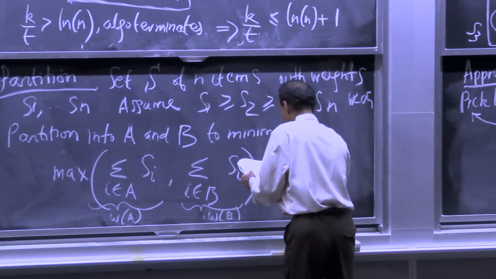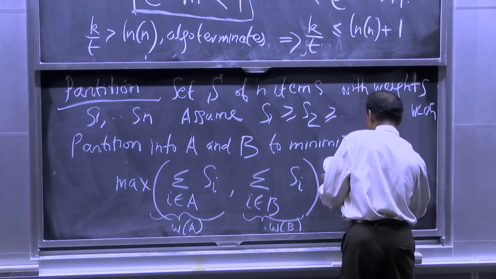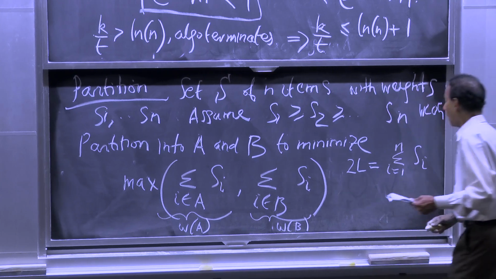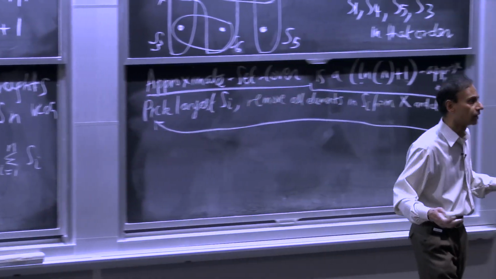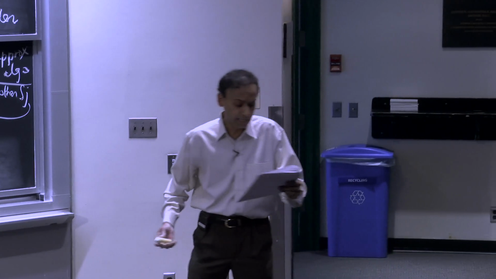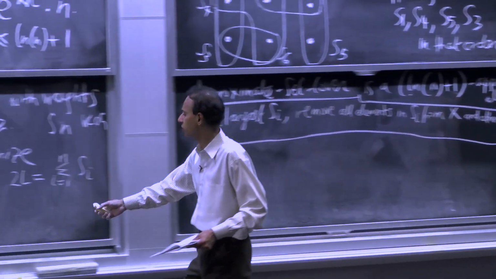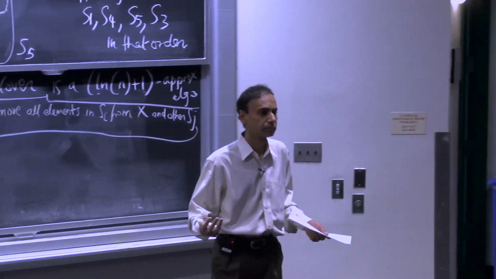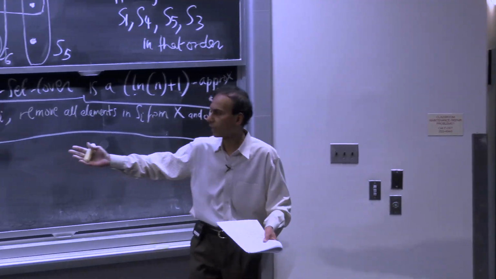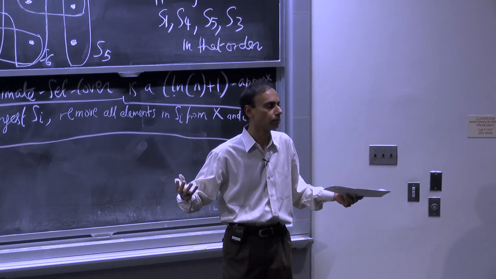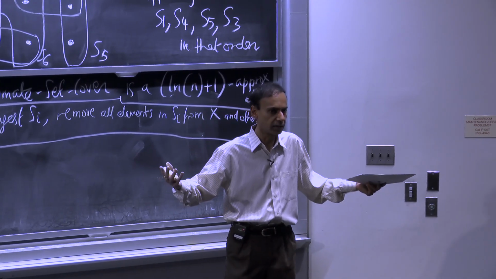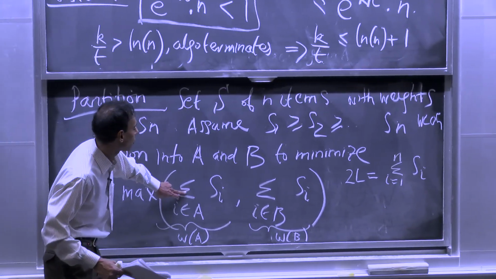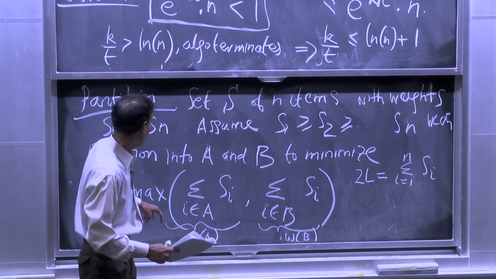If you have 2L equals sigma i equals 1 through n Si, so I'm just calling that 2L, the sum of all the weights, then what is the lower bound on the optimum solution? If it's 2L, what's the trivial lower bound? Just L, right? So I could have L here and L there.